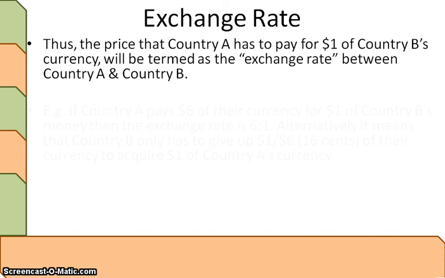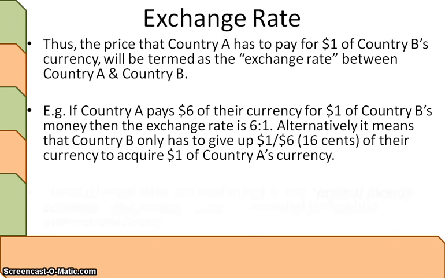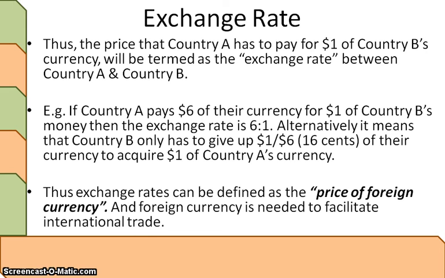So, as we stated, the price that country A has to pay for $1 of country B's currency will be termed the exchange rate between country A and country B. Example: if country A pays $6 of their currency for $1 of country B's money, then the exchange rate is 6 to 1.